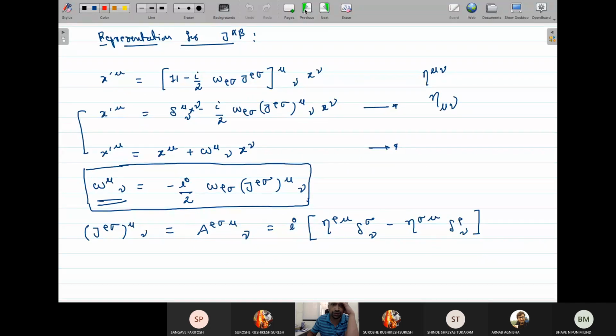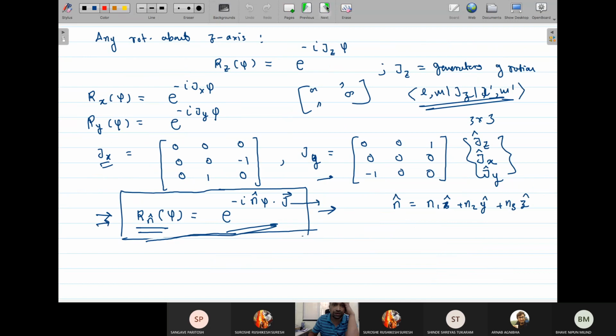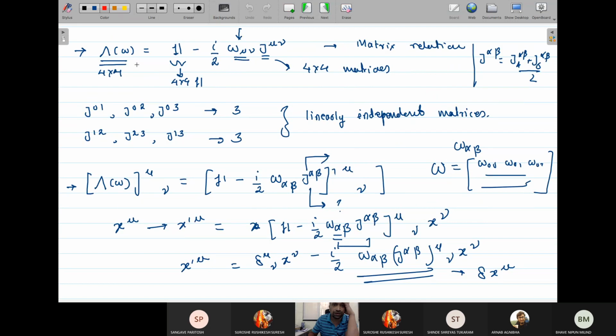So lambda, yes, this is better. Any infinitesimal Lorentz transformation, one can write the expression near identity in terms of these J mu nu.